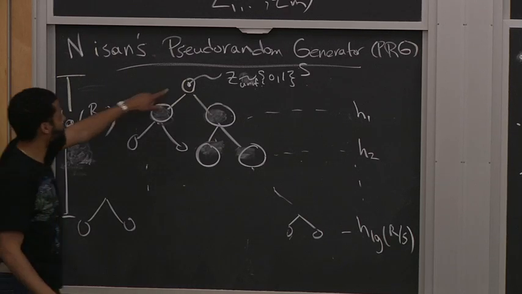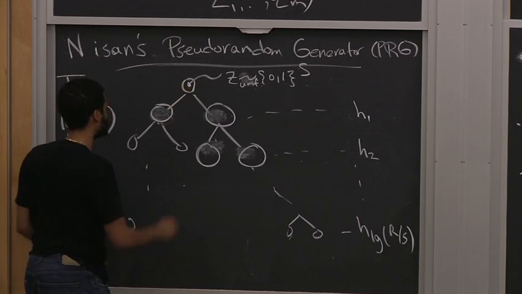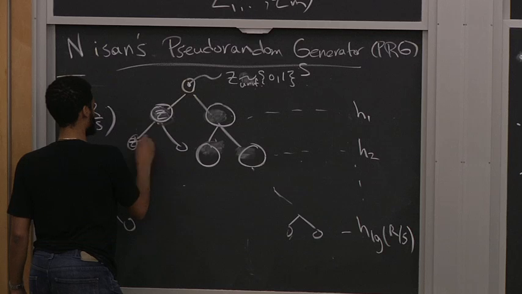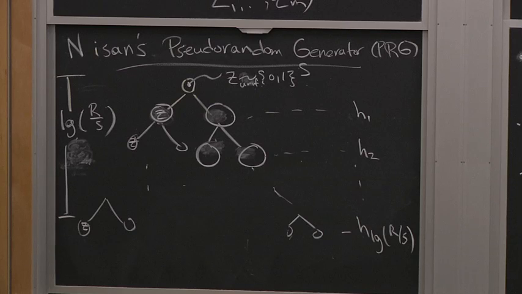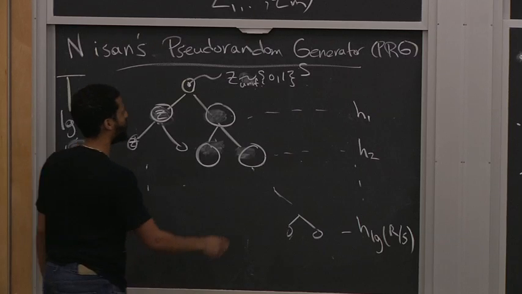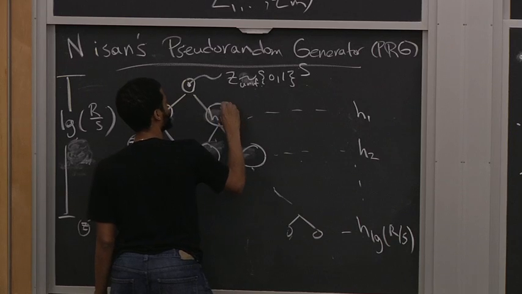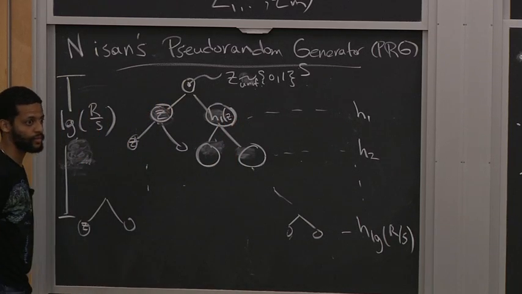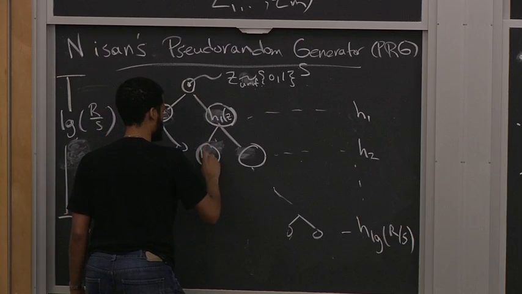If you go left in the tree, the node just copies its parent's value. If you go right in the tree, you apply the hash function at your level to your parent. So here you apply h1 to the parent, so you have h1 of z. Here you copy the parent because it's a left child, so you have h1 of z.